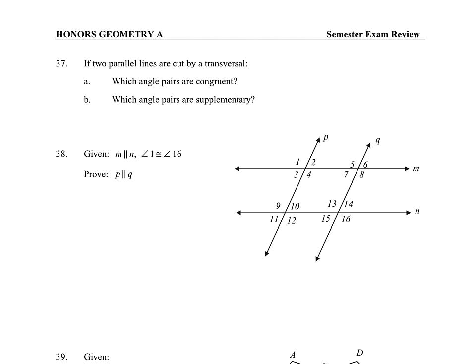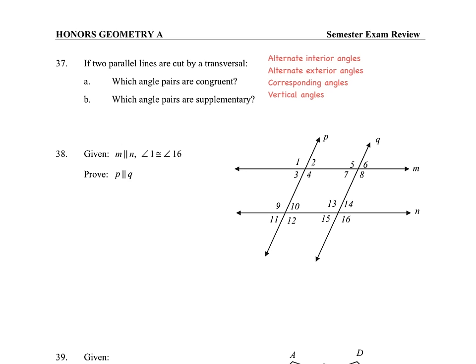Question 37 says, if two parallel lines are cut by a transversal, which angle pairs are congruent? Well, we know alternate interior angles and alternate exterior angles are going to be congruent, and corresponding angles and vertical angles are also going to be congruent.